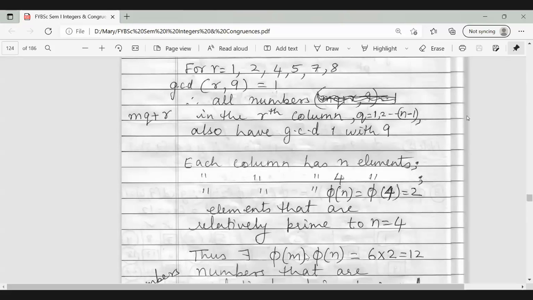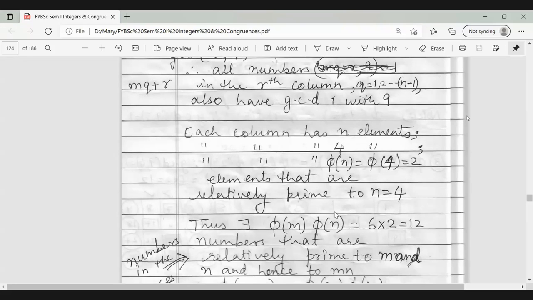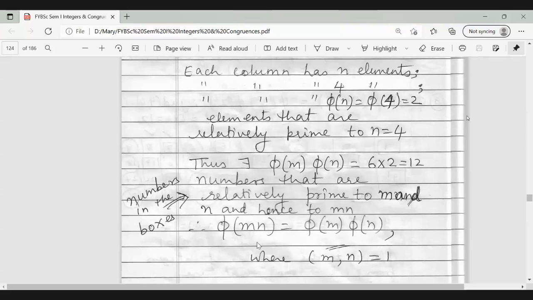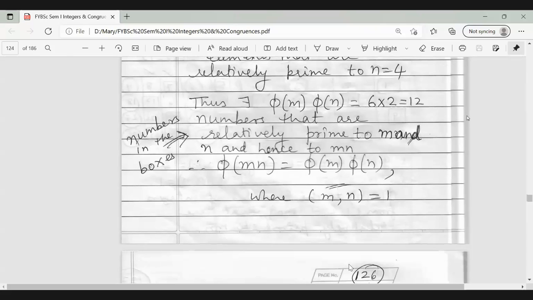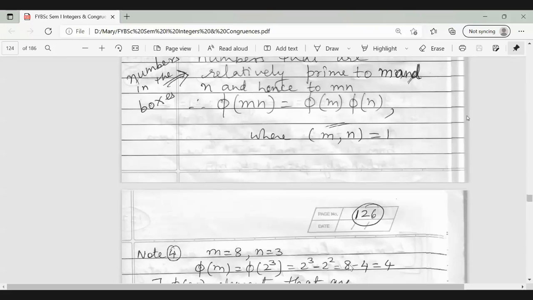Thus there are phi m into phi n, 6 into 2, 12 numbers relatively prime to m and n, and hence to mn. So phi of mn is phi of m into phi of n, where GCD of m and n is 1. You somewhat followed it. I'll explain again.